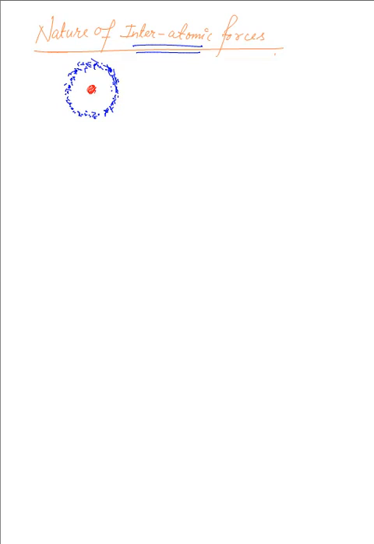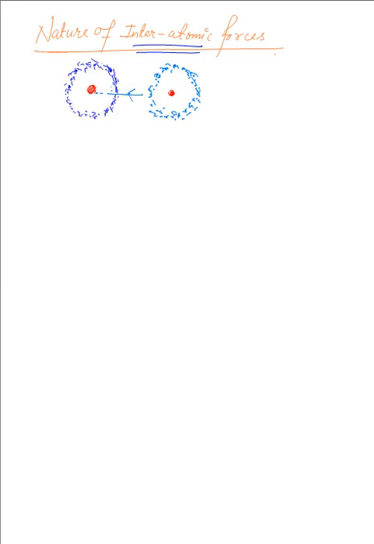That means if you have one atom over here and another atom over here, each with a nucleus surrounded by an electron cloud, the electrons of this atom may be attracted by the nucleus of the other atom, so there will be attraction.